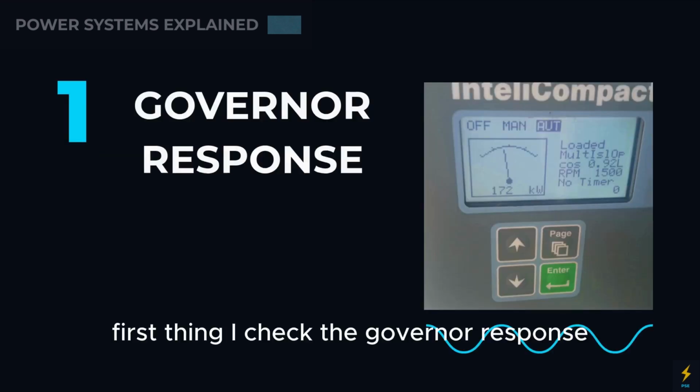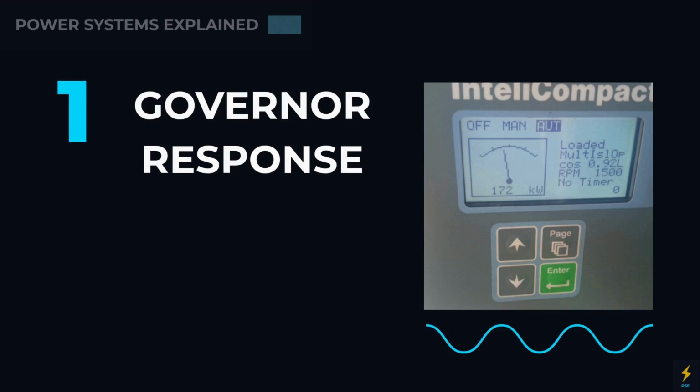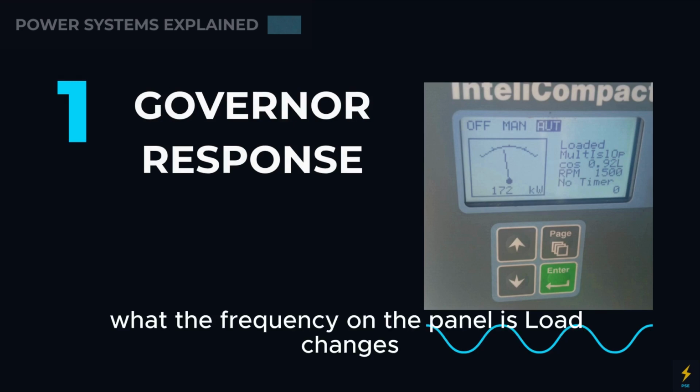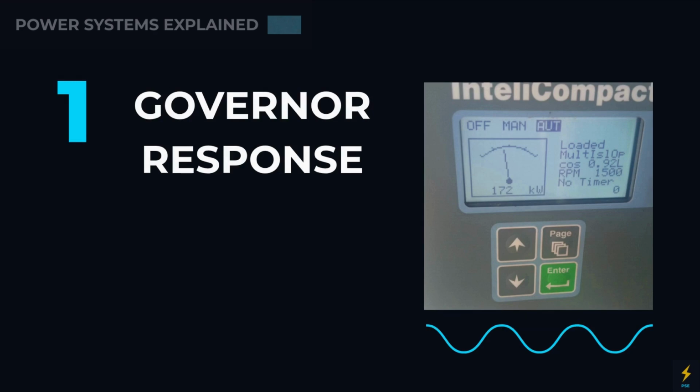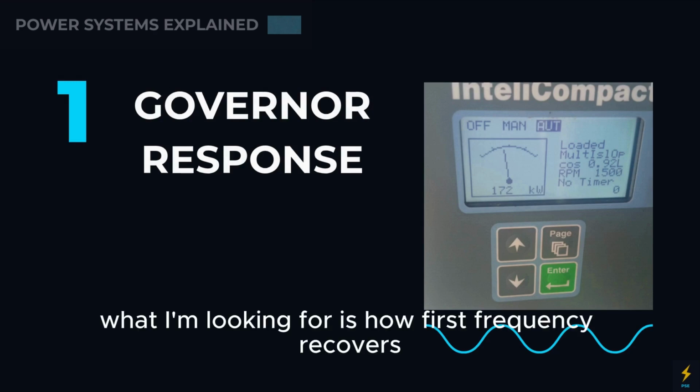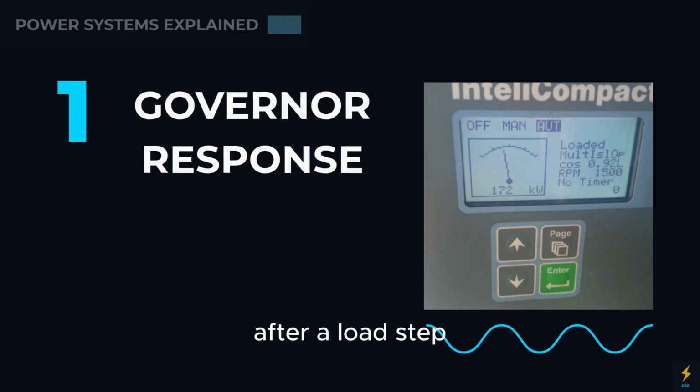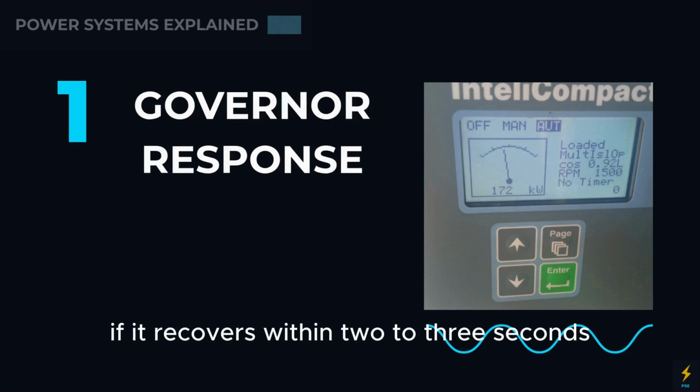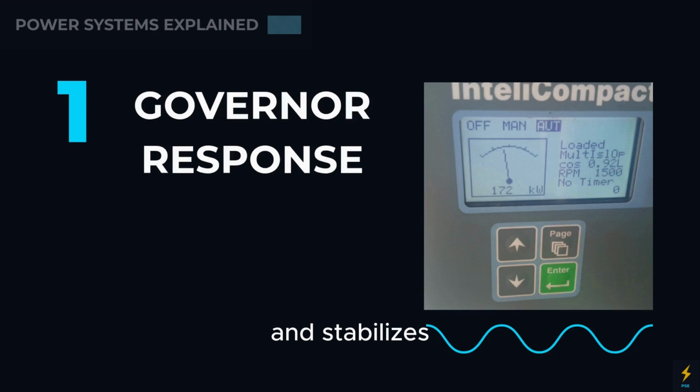First thing I check, the governor response. Watch the frequency on the panel as load changes. What I'm looking for is how fast frequency recovers after a load step. If it recovers within 2 to 3 seconds and stabilizes, the governor is responding.